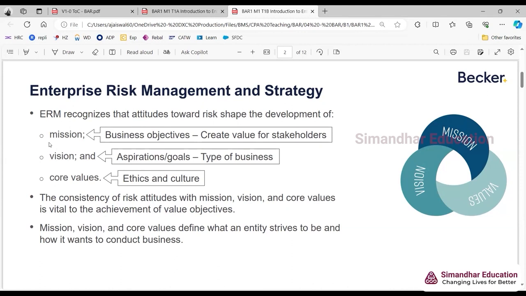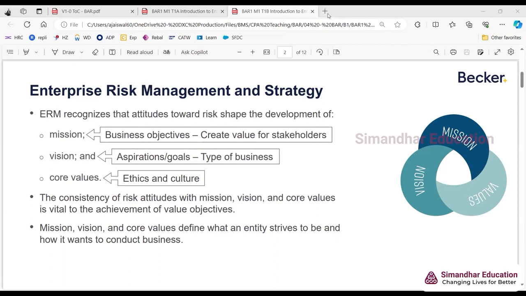Which one do you think will be the smaller statement? Mission is why the organization exists, vision is what they want to achieve. Which one will be the lengthier statement, mission or vision? Just guess, there is no right or wrong. I'm anyhow going to explain. Which one would be lengthier? Okay, let me show you.